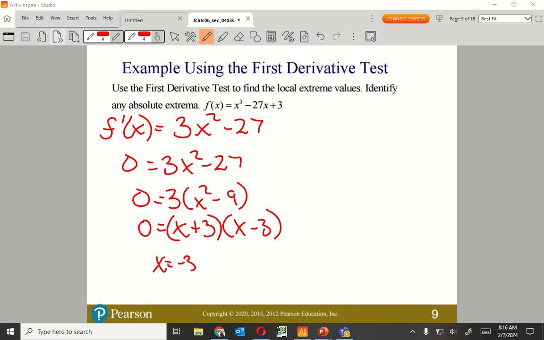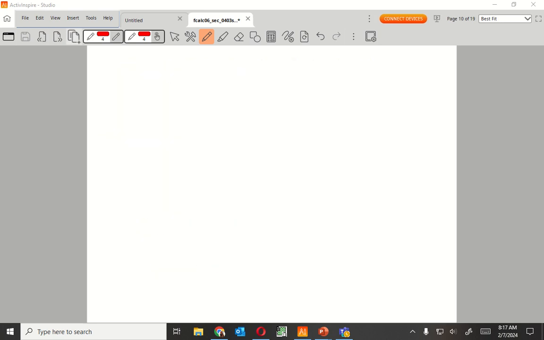If I plug in positive 3 to the second one, the whole thing is going to equal 0 again, right? Because this becomes 0, and anything times 0 is 0. So I get x equals positive 3. Negative 3, positive 3.